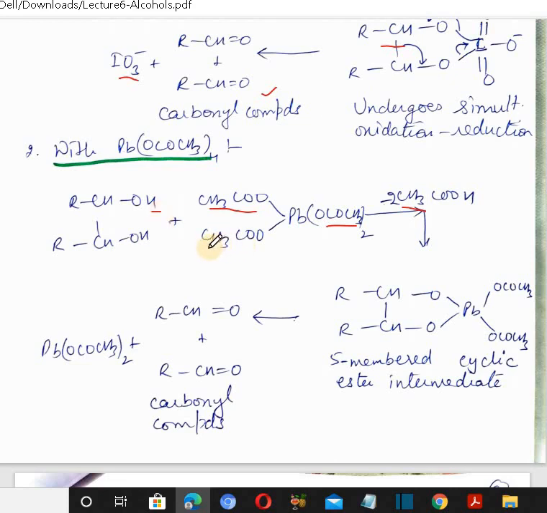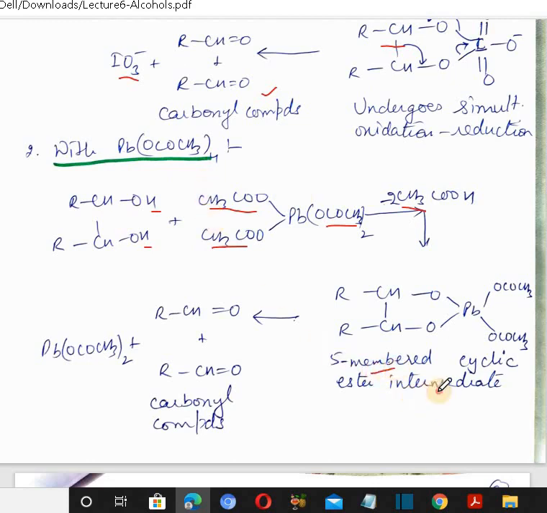Similarly CH3COO and OH are removed, and we get 2 molecules of acetic acid, and the others form a bond, that is O with lead. Similarly lead forms a bond with O and CH, that is again a cyclic ester is formed. A 5 membered cyclic ester is formed.